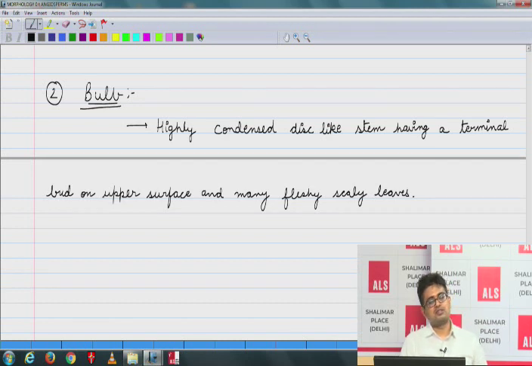Onions have multiple layers. The more scaly leaves, the older it is. If it is fresh, it will have slightly fewer scaly leaves, 1 or 2 layers only. Upper fleshy, scaly leaves.